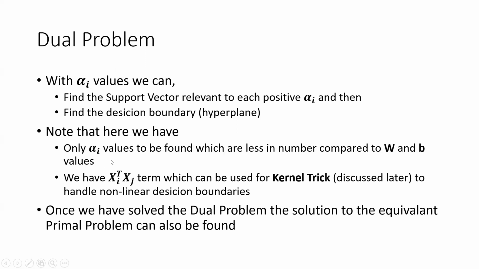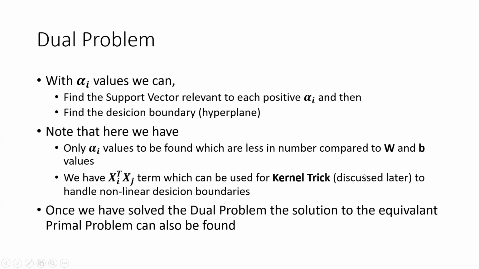So finding these values would not be that computationally expensive compared to finding the W and B values, or the weights and the intercept values, in the primal problem, right?